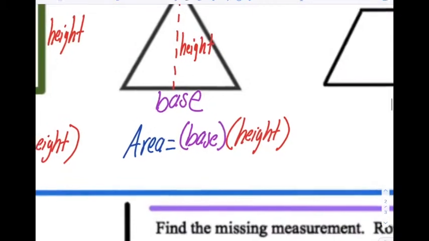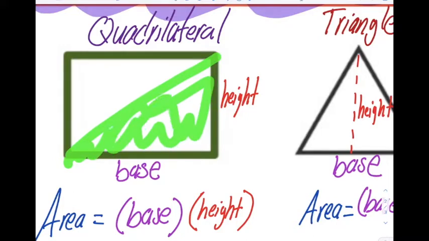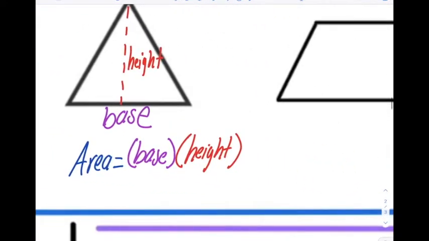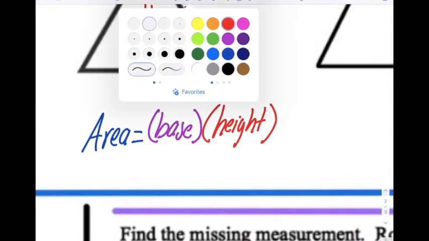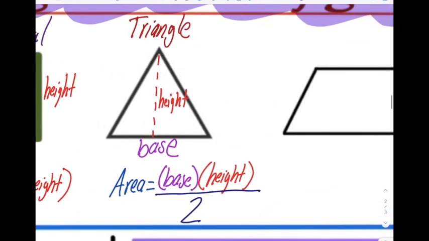As a matter of fact, kiddos, a triangle is half of a quadrilateral. Check it out. See, it makes 2. So to find the area of only the triangle, we divide the quadrilateral by 2. So the area of a triangle is base times height, kiddos, divided by 2. That is the area of a triangle.